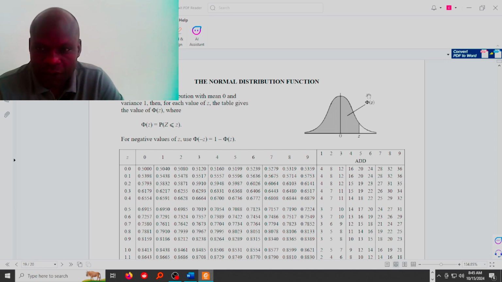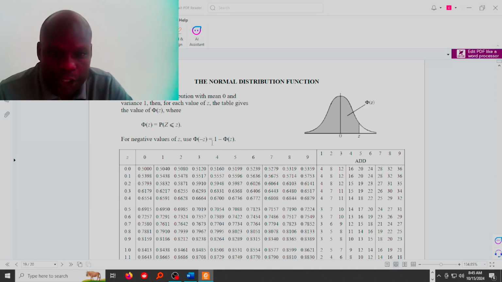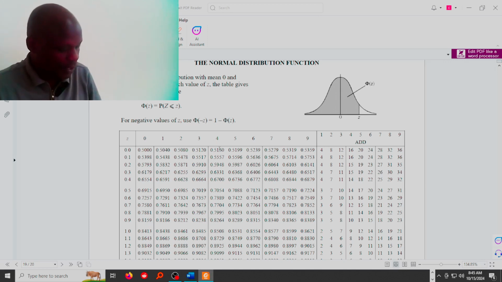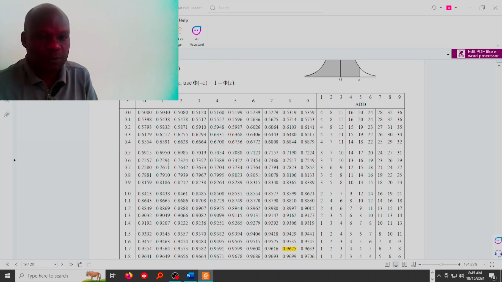Okay, for this particular purpose, we look at this table and see that our first instance was to find where Z is 1.25, in fact negative 1.25. So we would come here and check Z here, 1.2 is here.